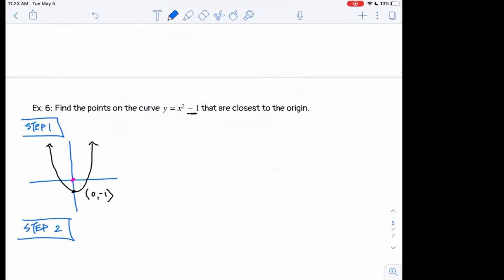Step 2 says I need to write an equation that is going to help me find out how far a point on this curve is from the origin.